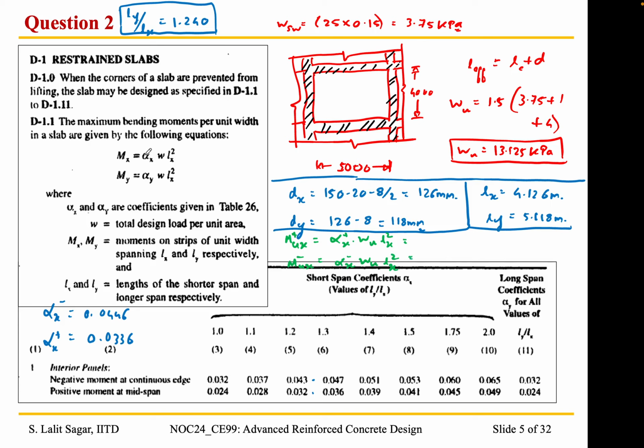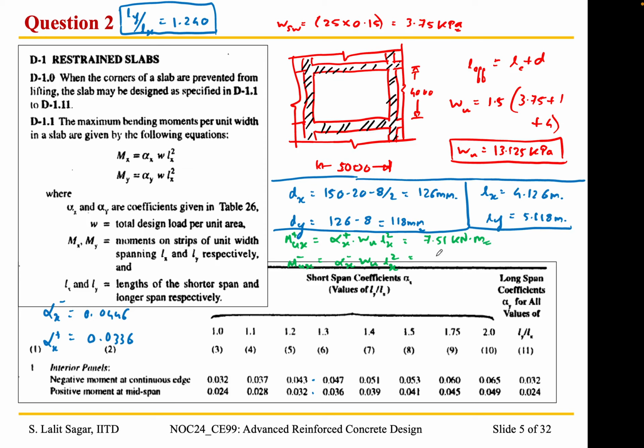This is where we are obtaining these from the annexure D of the IS code. When we substitute these values, alpha x positive 0.0336 into Wu is 13.125 and Lx is 4.126, when we simplify them, we obtain a value of 7.51 kilonewton meter per 1 meter of the slab width.